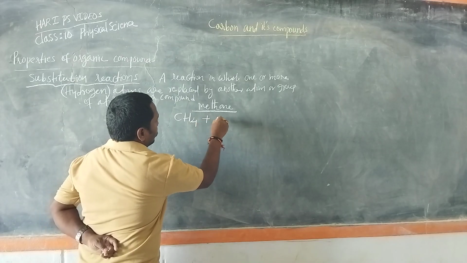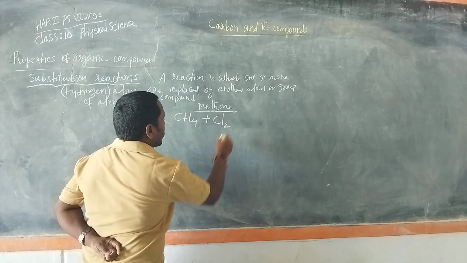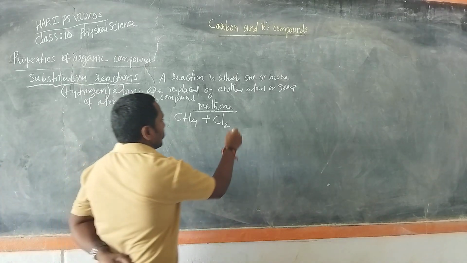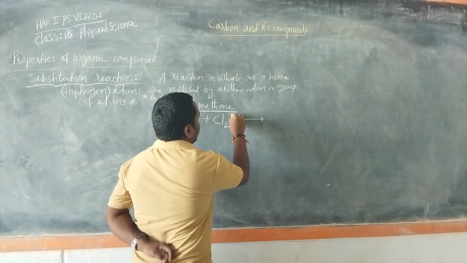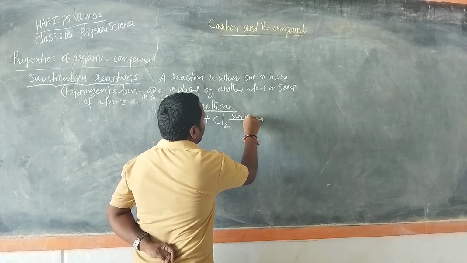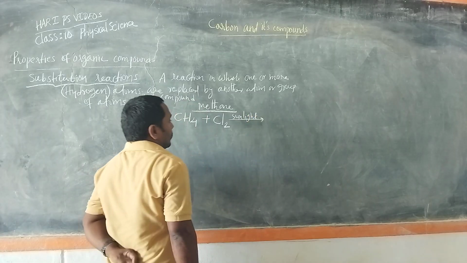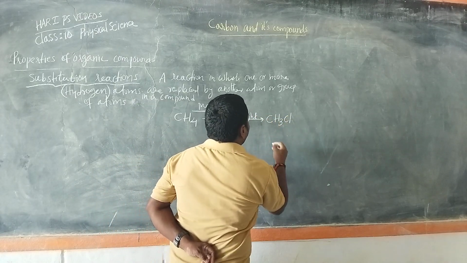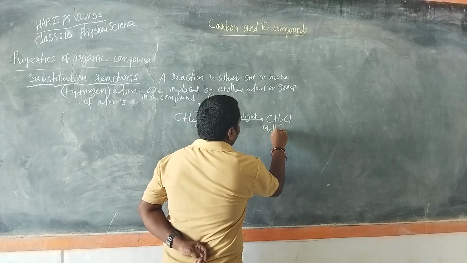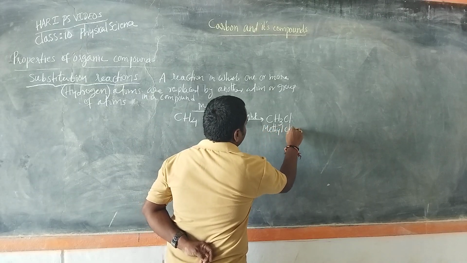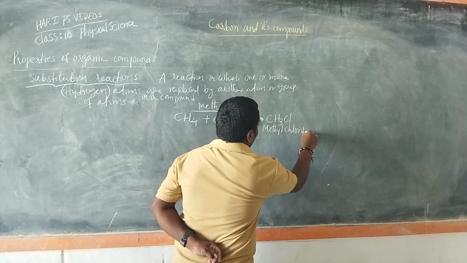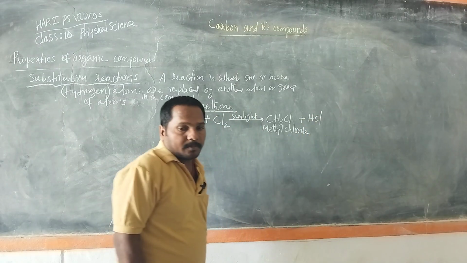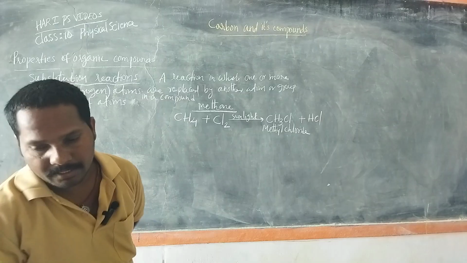This CH4 reacts with chlorine in the presence of sunlight. It gives methyl chloride plus HCl.